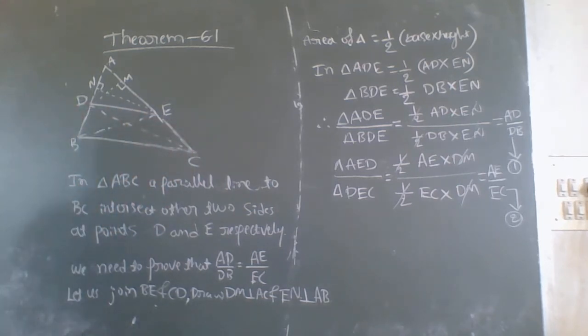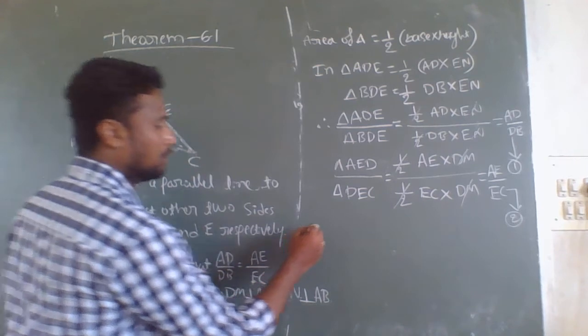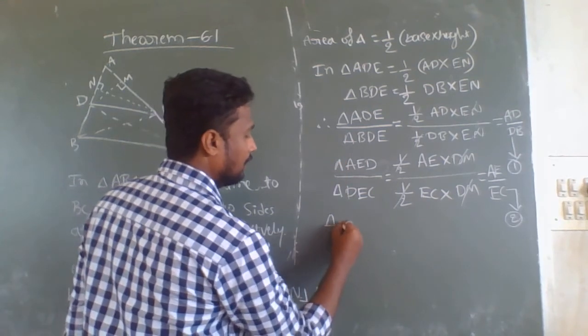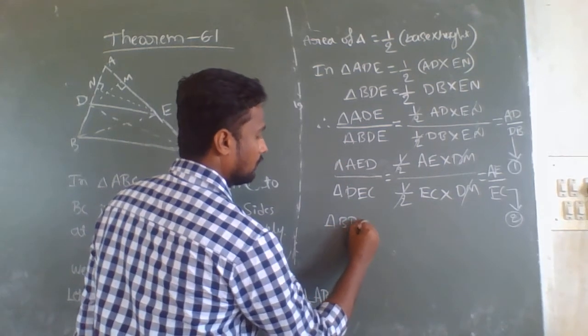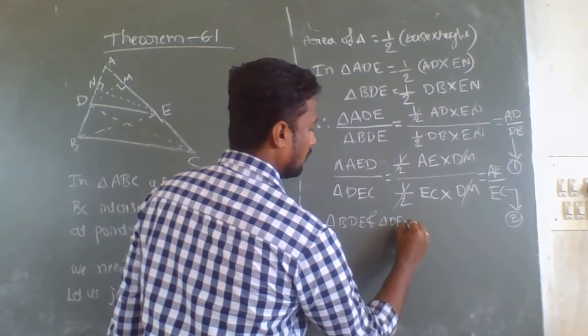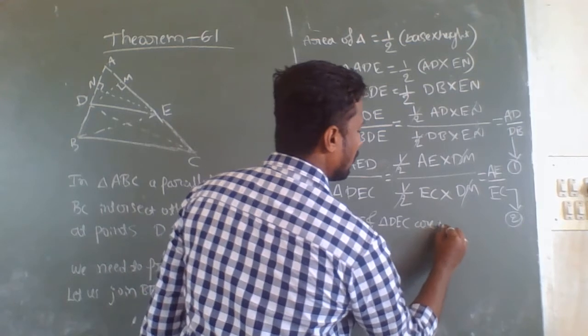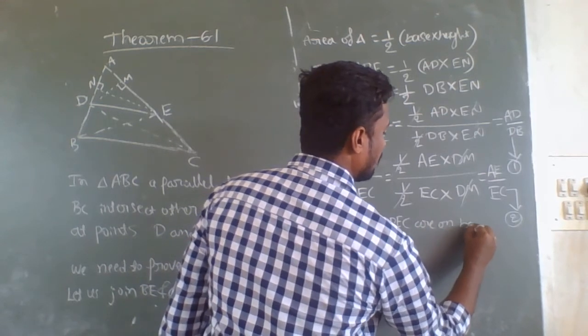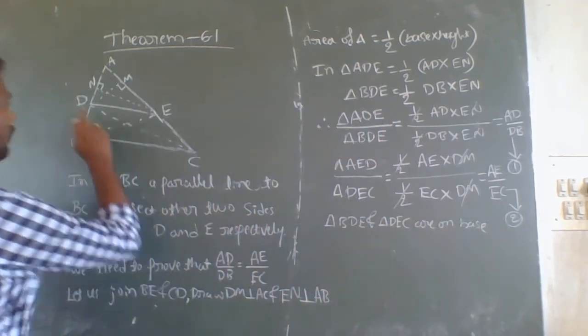These two triangles are on the same base DE. So I will write: triangle BDE and triangle DEC are on base DE.